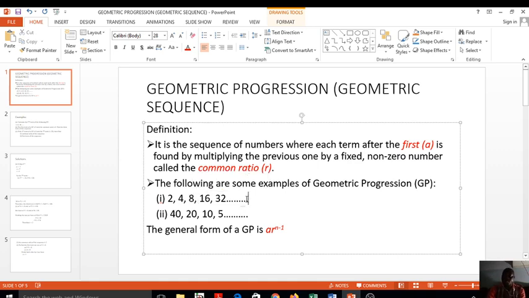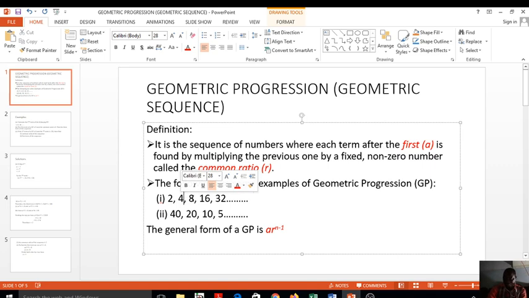To get this common ratio, what we normally do is take the next number divided by the number that comes before it. So 4 divided by 2, you get 2, which is called the common ratio.